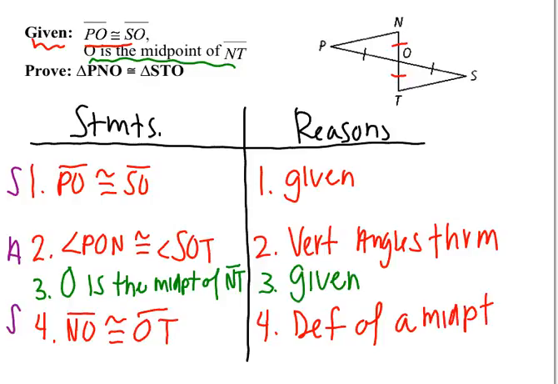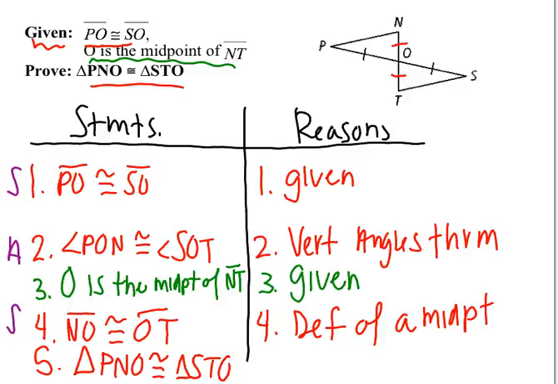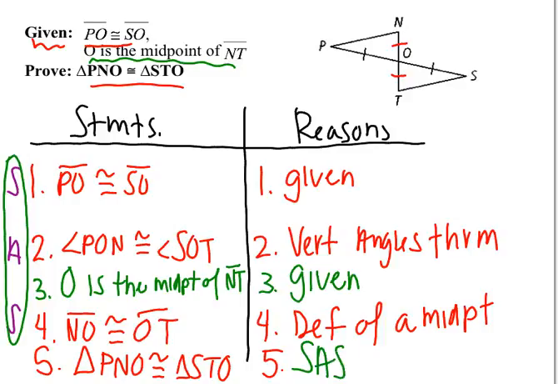So now do I have enough information to prove my triangles congruent? Sure do. So triangle PNO is congruent to triangle STO. That is by, look over here, folks, look over here. What letters do we have? Side, angle, side.